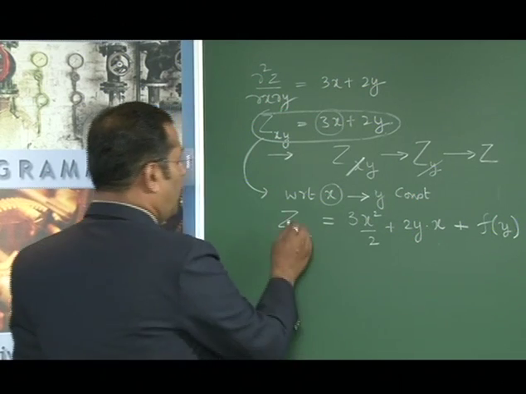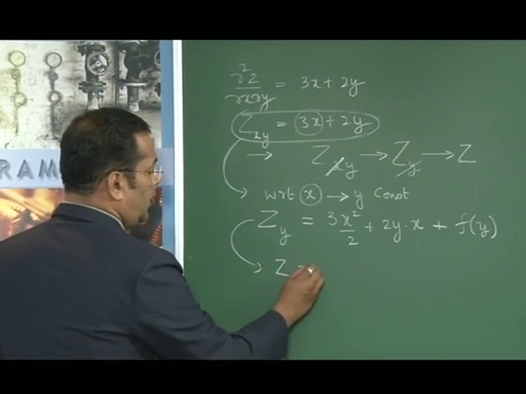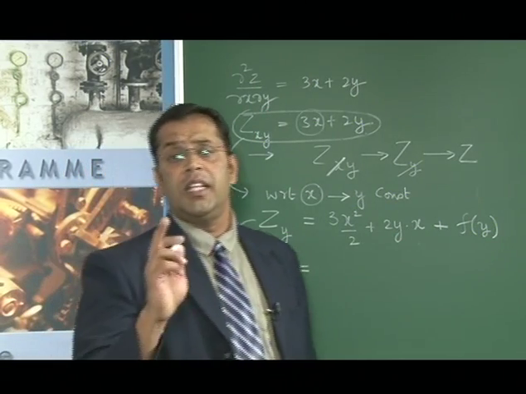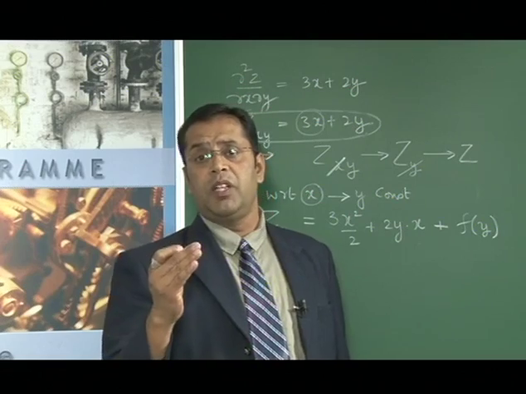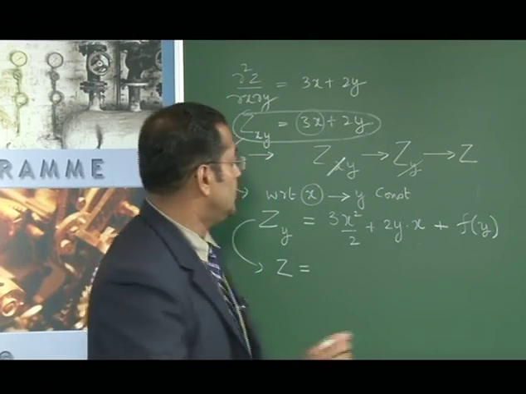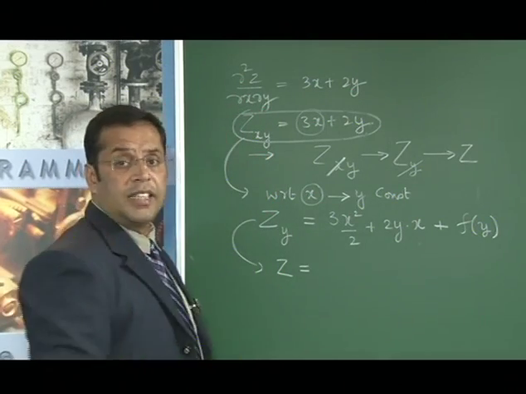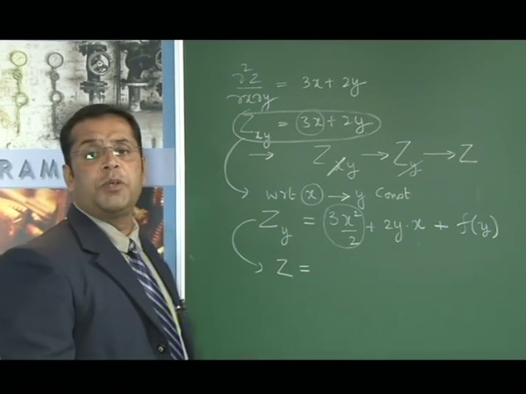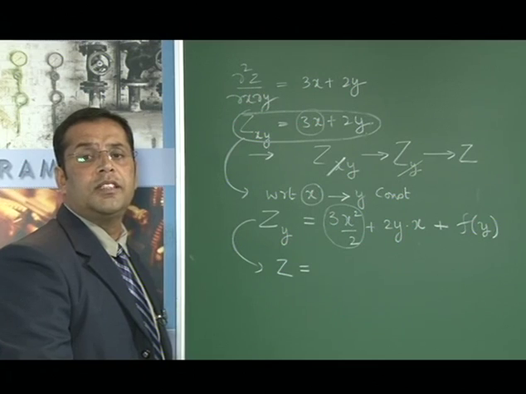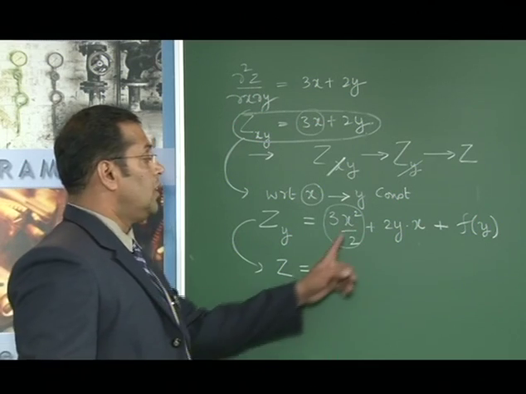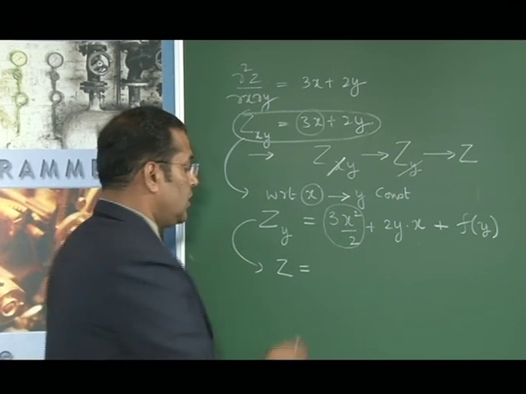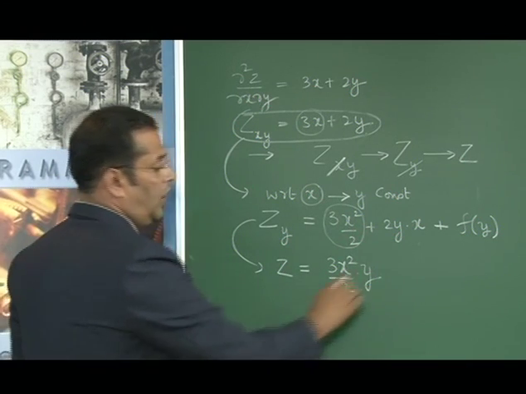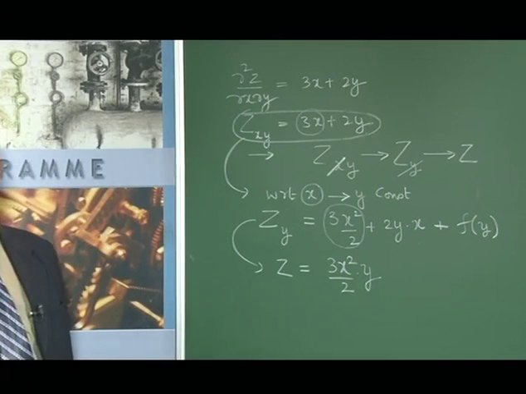Next, from z y, we now obtain the solution z by integration with respect to the variable y, keeping x as the constant. In the first term, with respect to y, 3x square by 2 is a constant. So, if you take 3x square by 2 outside, the remaining 1 will give you an integration with respect to y as y itself.